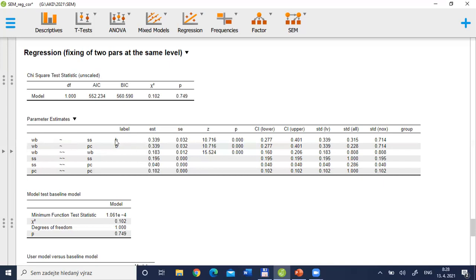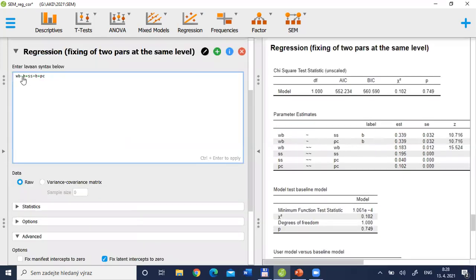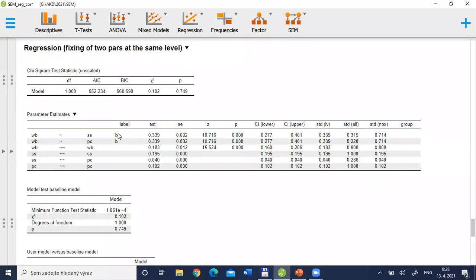Here you also can find once again the label. So we are assigning these letters to the coefficients. You can find these letters in the label column. This is quite a classical style in structural equation model software packages, that for individual parameters we can use labels. So here it is, and the label here is B and B, and it means it would be the same value.